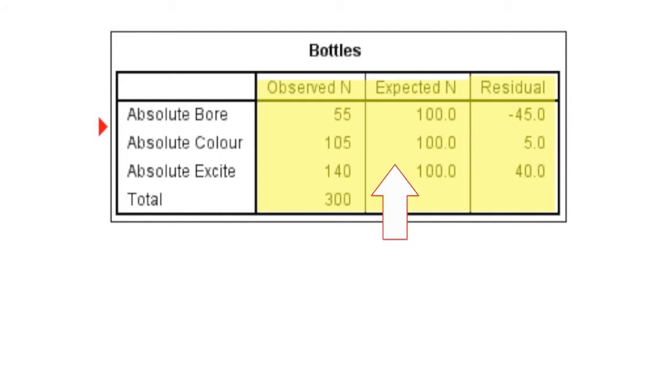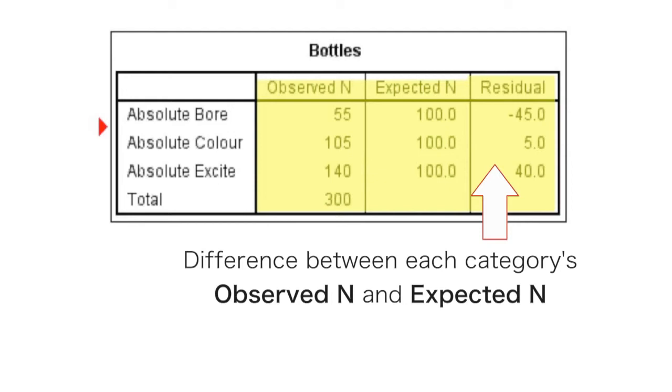The expected N, these are our hypothesized frequencies, the pattern of responses we would expect if all three types of advertising were equally popular. And the residual is just the difference between the category's observed N and the expected N.